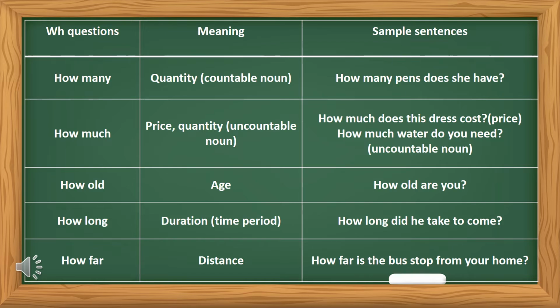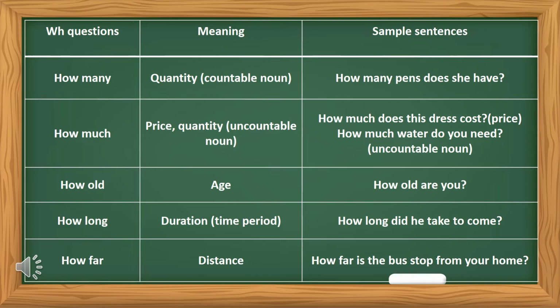Then we can see how much. How much is used with uncountable nouns. It can also be used when we want to know the price of something. Here we can see the example. How much does this dress cost? It indicates the price.